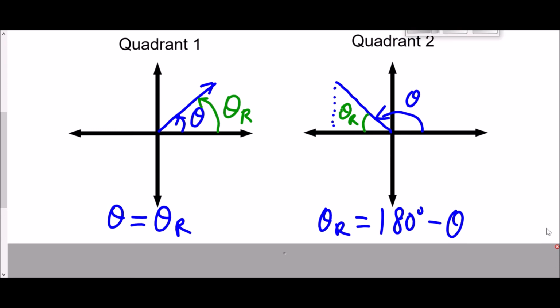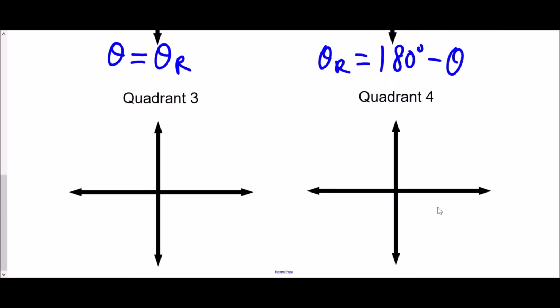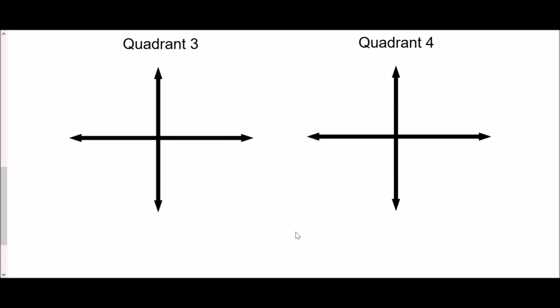Okay, so let's move on to the other two cases. What is the reference angle in quadrant 3? Your original angle theta starts here all the way and then stops here. So this is your angle theta. How do you find your reference angle? Same thing. If you cannot visualize this, this is the terminal arm.